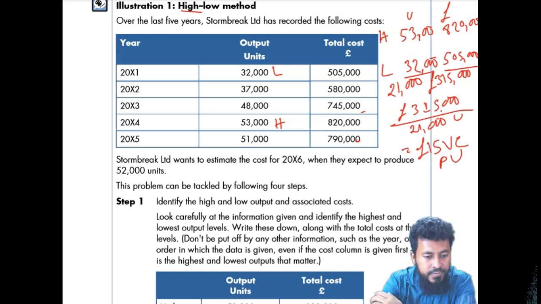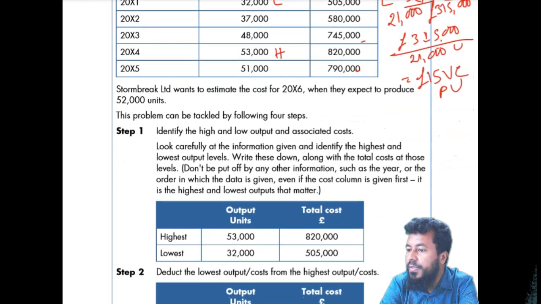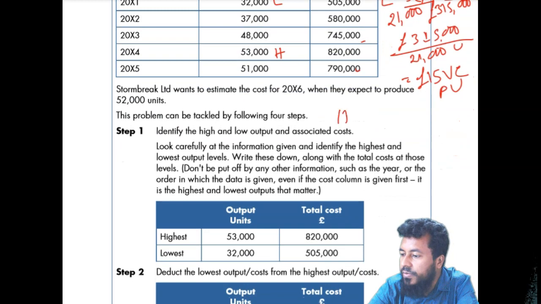Now, as you have the variable cost per unit, you can get the total variable cost. You can take either the highest or lowest activity level. So let's take the highest one, which is 53,000 units.